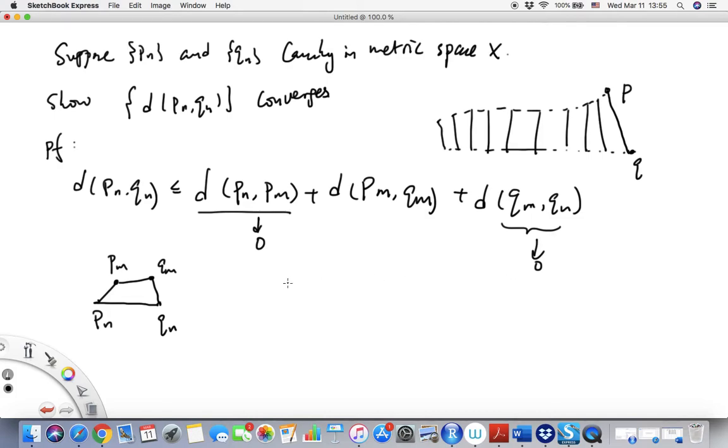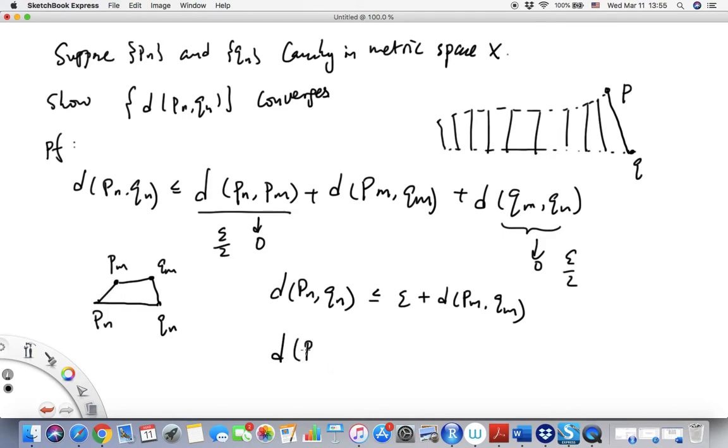Okay, so we have d(Pn, Qn) is less than or equal to, well, we can say this is epsilon over 2, epsilon over 2. So that's less than or equal to epsilon plus d(Pm, Qm), right? And then we switch the role of n and m.